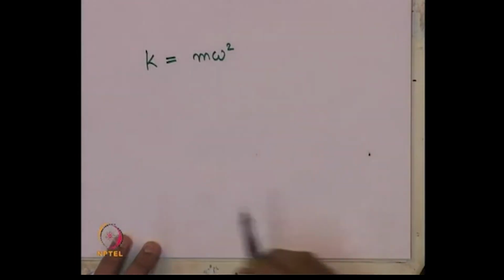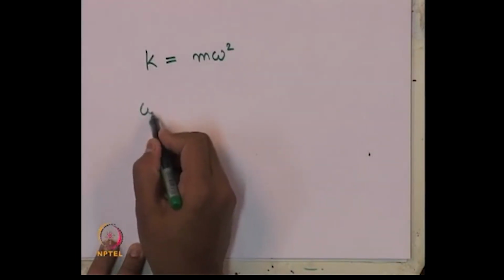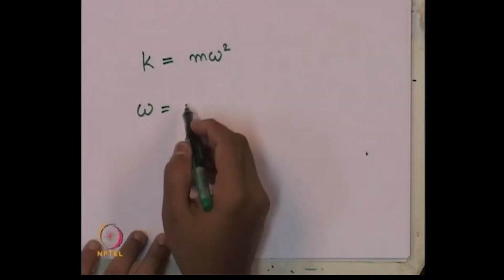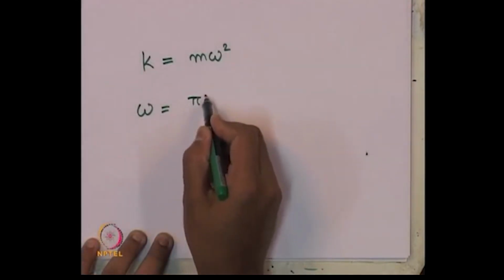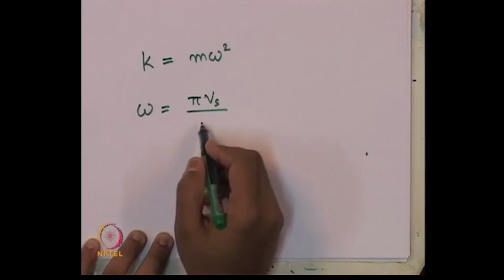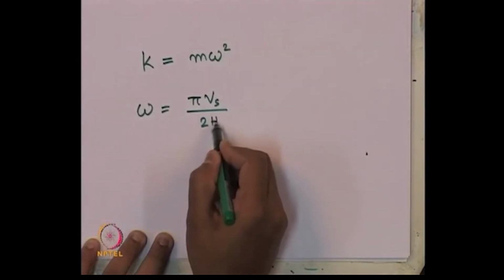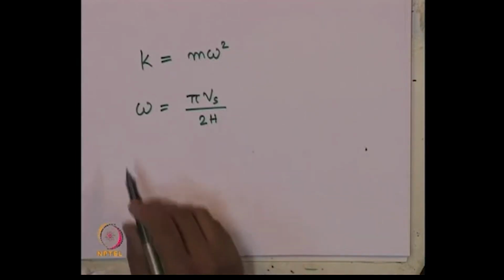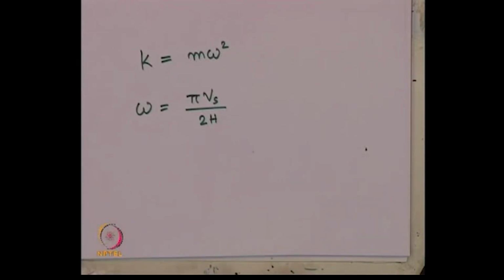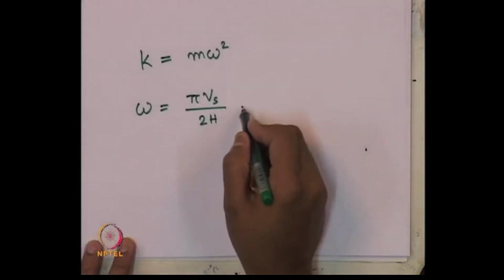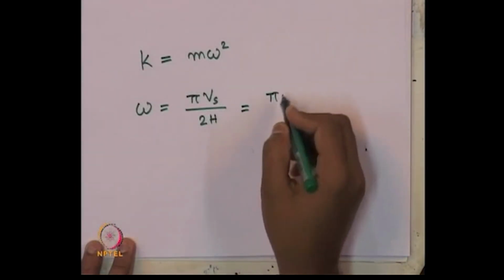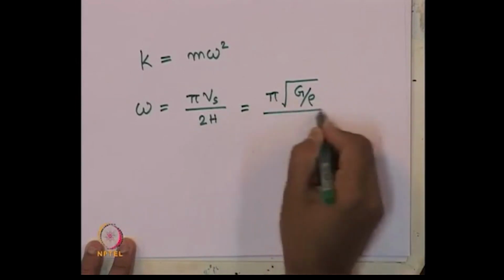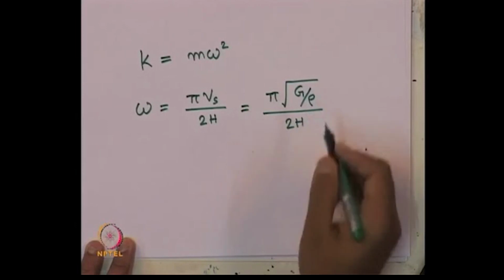So, omega is given by this expression, omega is given as pi V s by 2 h is the expression to compute the omega natural frequency, and this V s is nothing but root over g by rho 2 h.